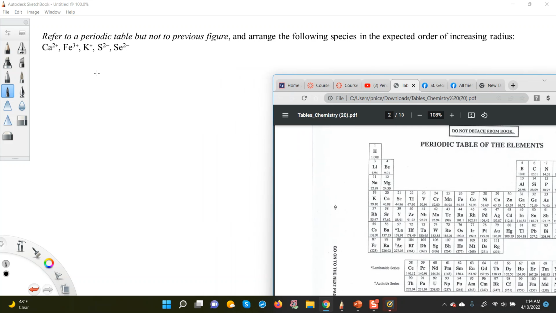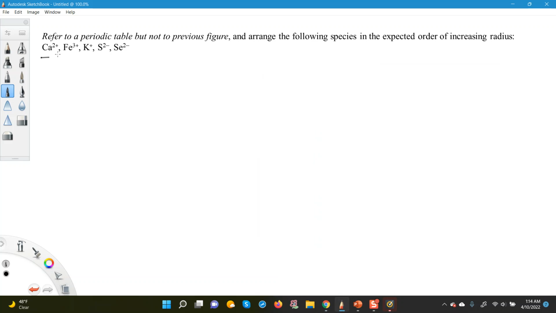All right, so they gave you calcium, Fe3 plus, potassium, K plus, S2 minus, and Se2 minus, I'm sorry. Okay, so the first thing I will notice here is that the calcium, the potassium, and the sulfide are isoelectronic, right? So let me just write them down here.